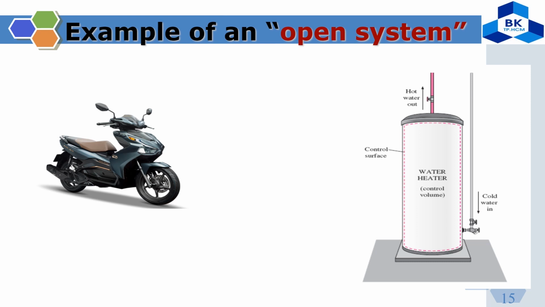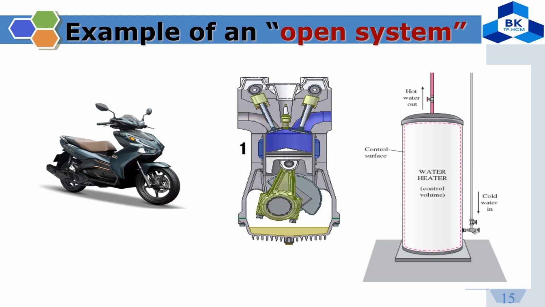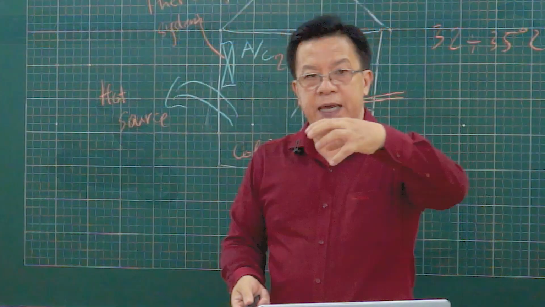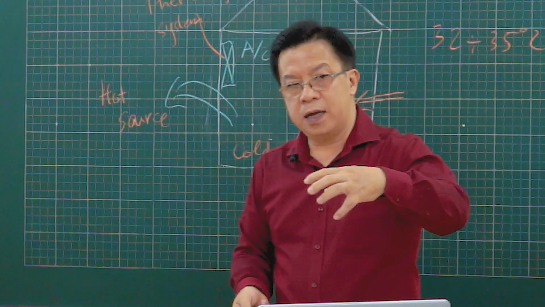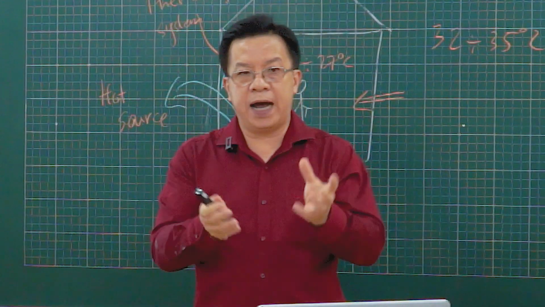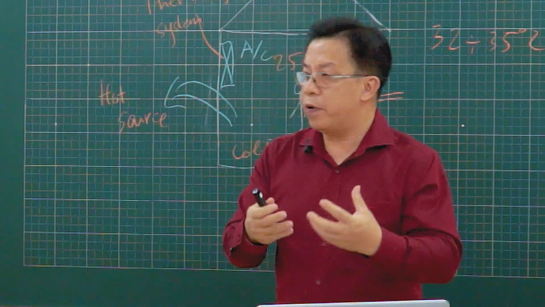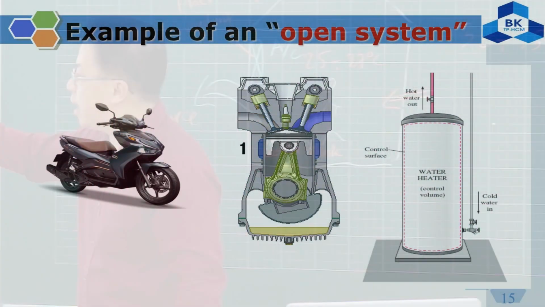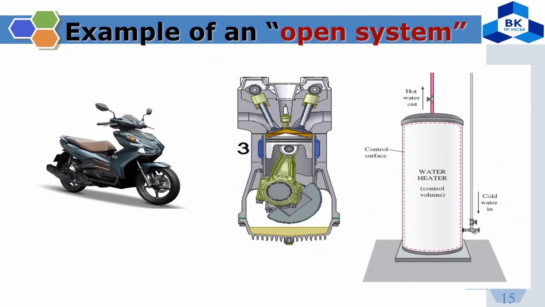Next, how about the example of the open system? Come back to the example of the motorbike. In a motorbike, you provide the gas, and the mixture of gas and air is burned and produces exhaust gas, or we call it smoke, going out of the engine.